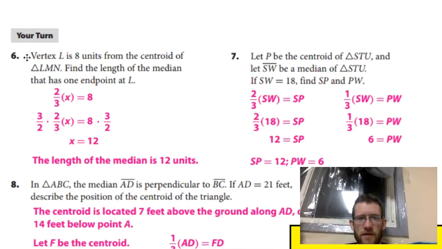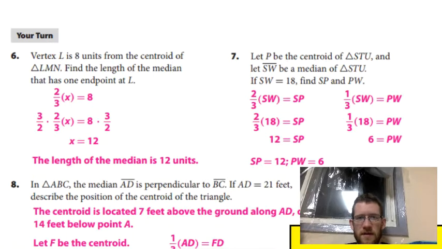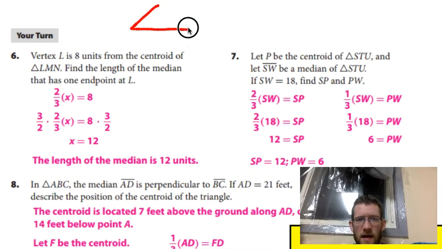Okay, so for number 6, L is 8 units from the centroid. Therefore, we want the length of the median that has one endpoint at L. We can draw a picture for this. We have triangle LMN, and it says L is 8 units from the centroid. So we'll draw the centroid in here somewhere.